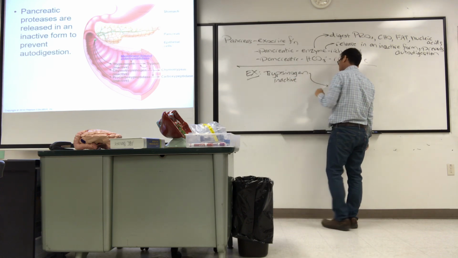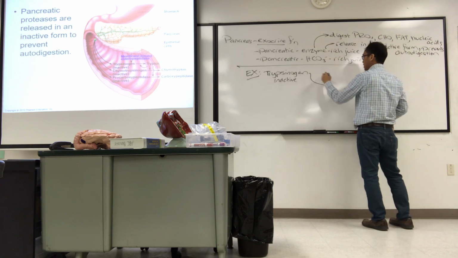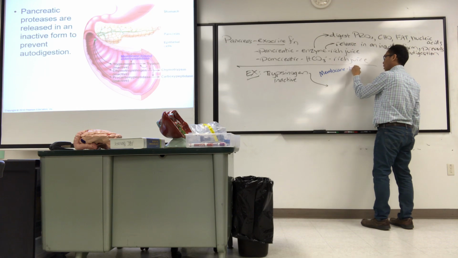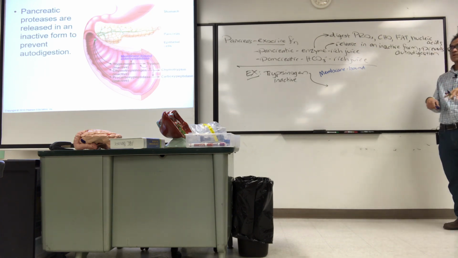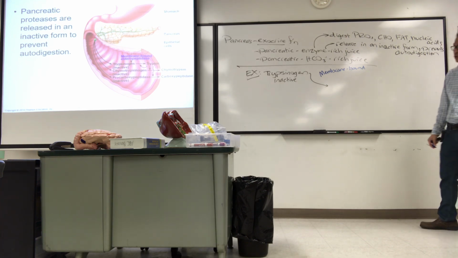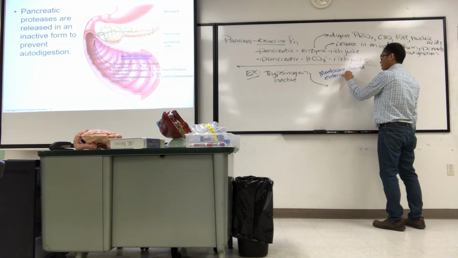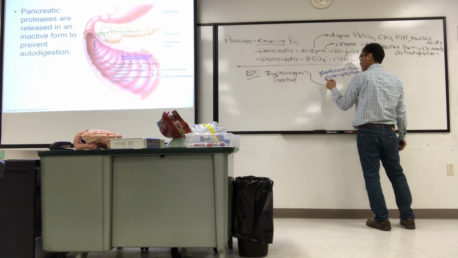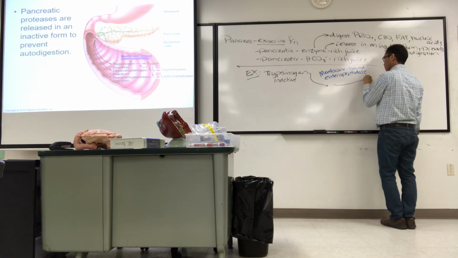However, when it gets to the lumen of the small intestine, there's a membrane-bound enteropeptidase. Membrane-bound because it doesn't escape and prematurely activate these things somewhere else. It's membrane-bound in the lumen there. And what the enteropeptidase will do is activate trypsinogen into trypsin.